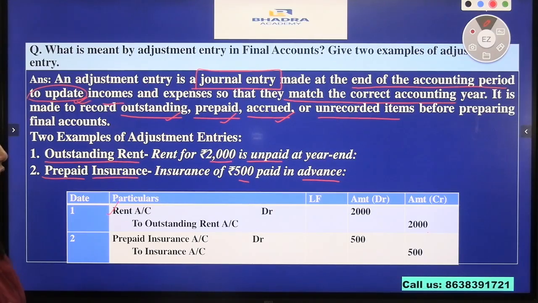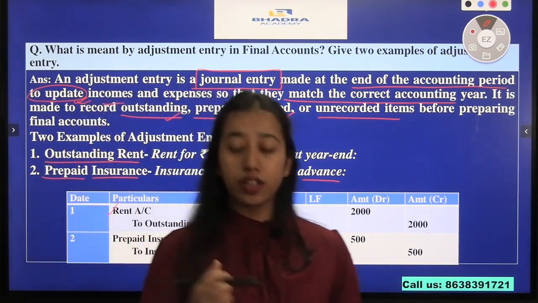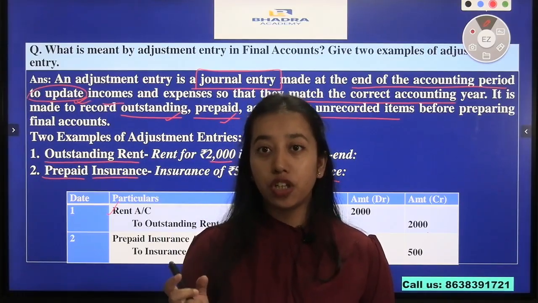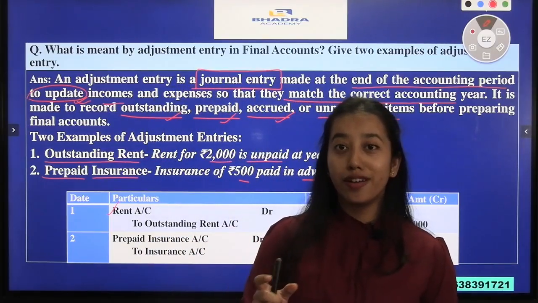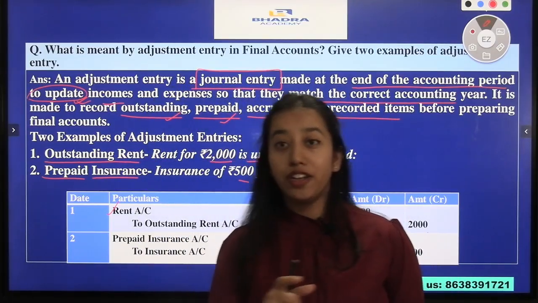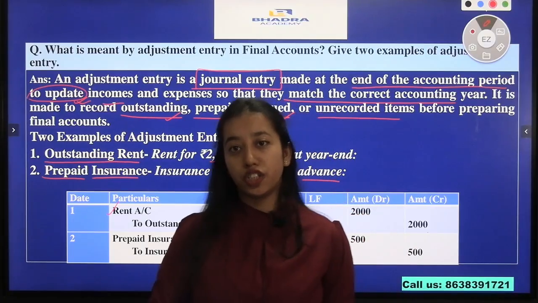Do remember, adjustment entries may also contain omitted records. For example, closing stock might not be in the trial balance. It might come in the adjustment entries.